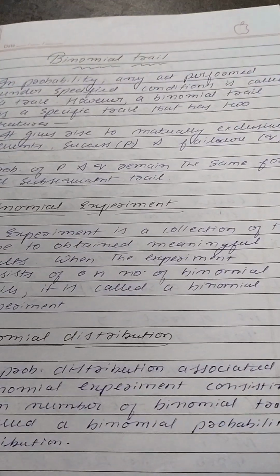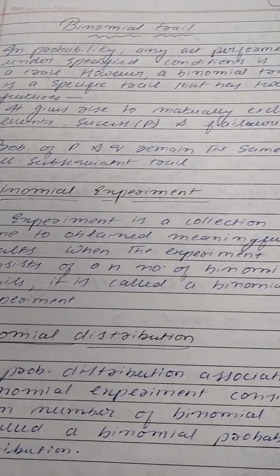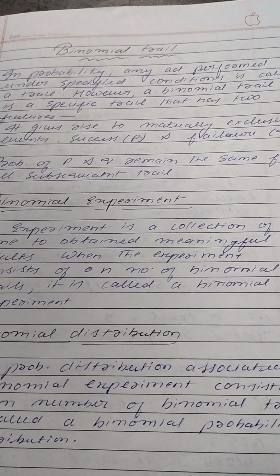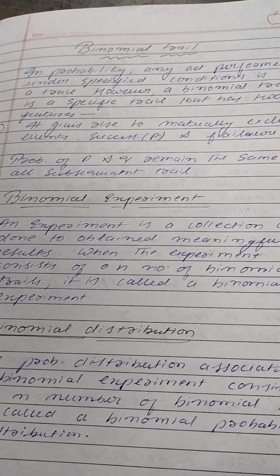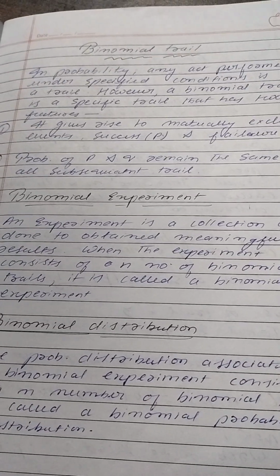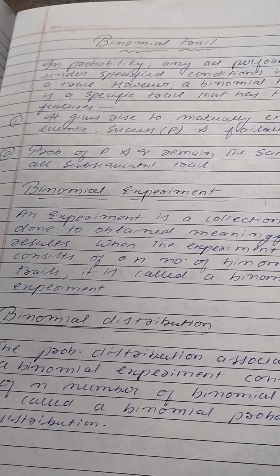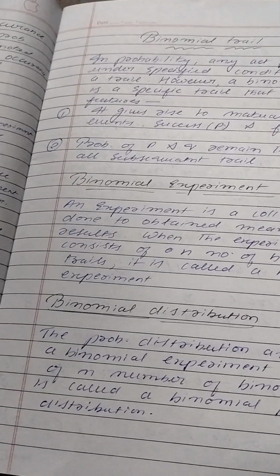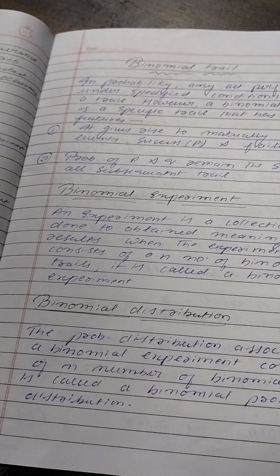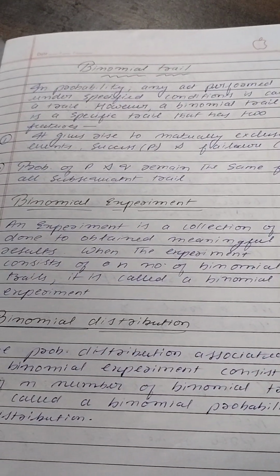Or you are summing up, say with 100 girls, so this is called an experiment, where you are taking the results of the trials and summing up, which is called a binomial experiment.